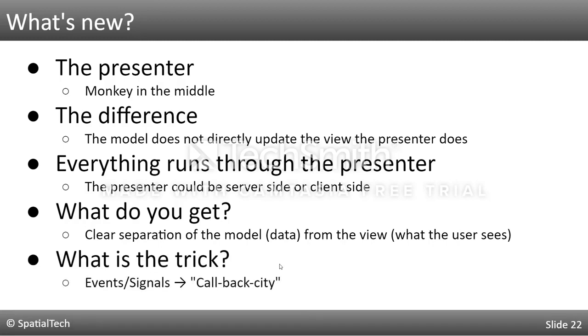You either do what are called events, or in some languages they're called signals, and there's lots of callbacks. The idea is that the view typically goes to the presenter, which makes the AJAX callback on the client side back into the back end where the servers are.